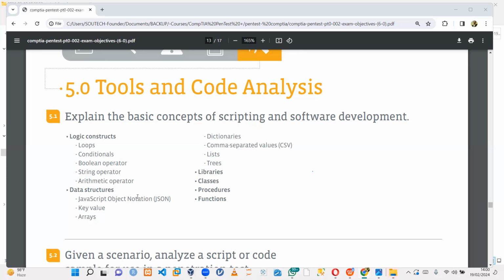But if we're actually going to look at this code, analyze it, and see if they are secured, we need to understand some of these concepts. So things like logic constructs, data structures, libraries, frameworks, classes, procedures, functions. They are very crucial in us understanding this concept as regards software development.